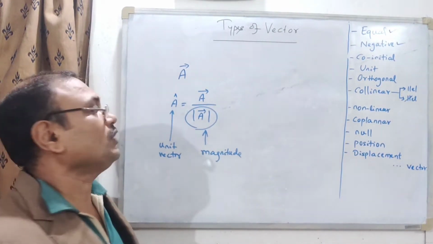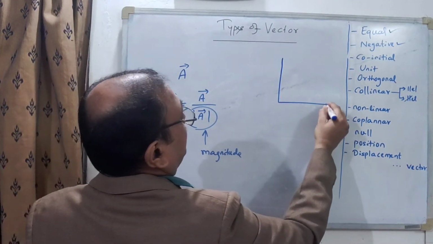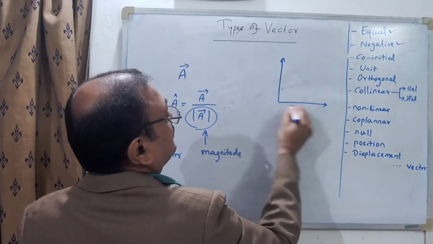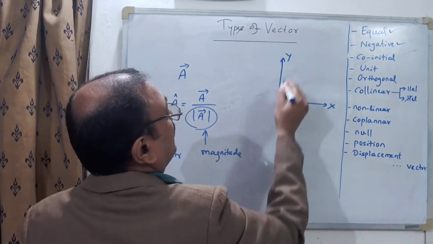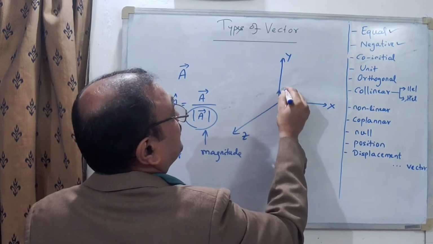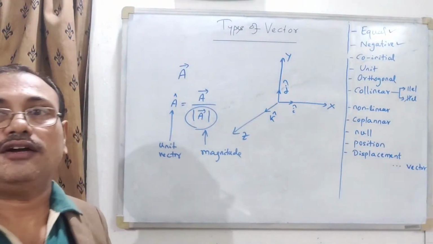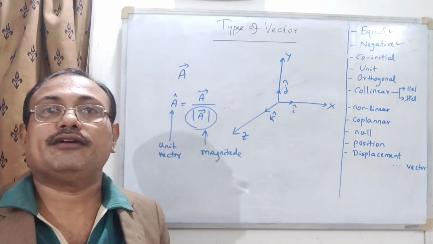What are unit orthogonal vectors? So here, supposing x and y, this is z. So i cap, j cap, k cap. Orthogonal means they are mutually perpendicular to each other.